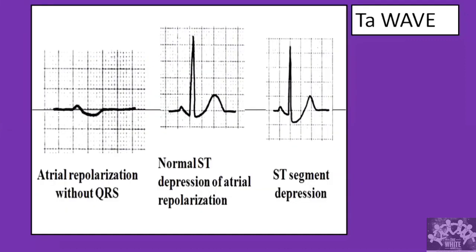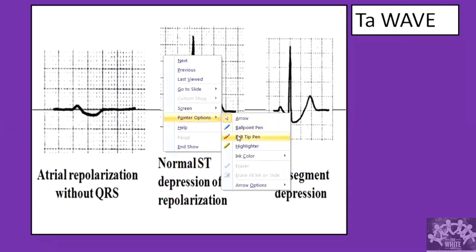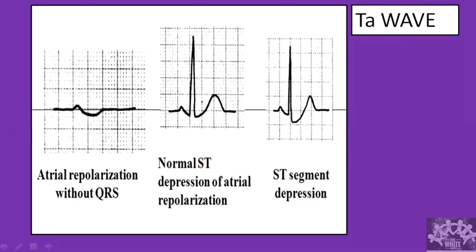And then after this, what happens? There is going to be repolarization of the ventricle. So this is how it appears. That means we'll make one generalization here, which means that the actual QRS should be a little higher because there is a negative wave that is happening. The QRS seems to be a little pulled down.